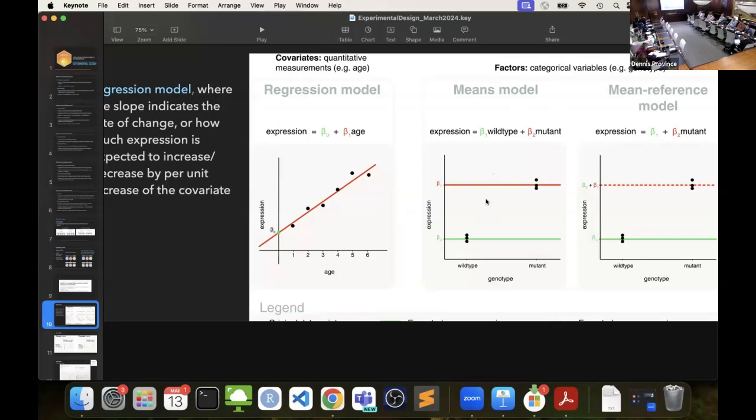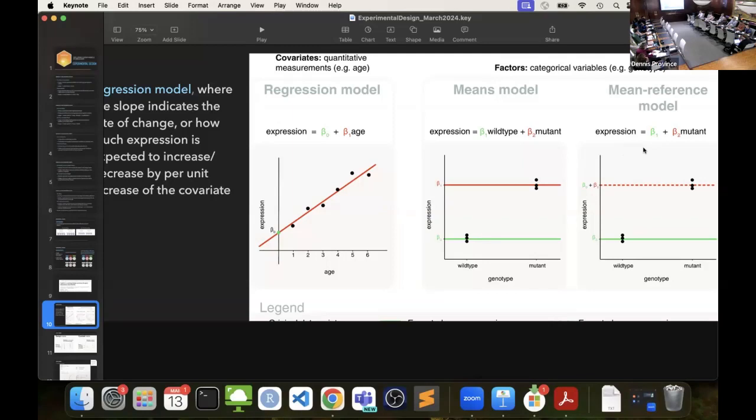The key difference is that in the means model, I can define which one is the wild type and which one is the mutant, and I can define the order of the fold change calculation. In the mean reference model, I can't. Whatever is listed first is going to be the reference, and everything else is in relation to that reference group.